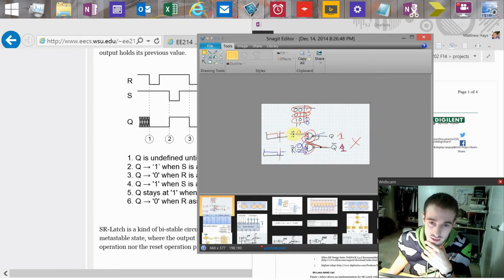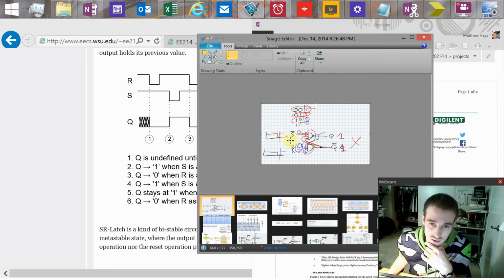Once it's in a set state, it doesn't matter what S is. It doesn't matter if it's a 0 or 1. It'll stay in that state.